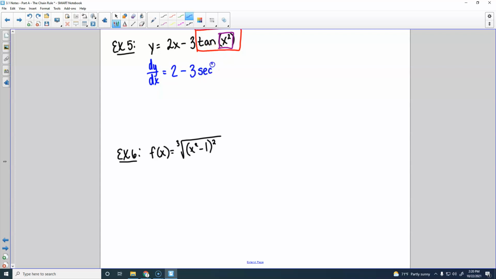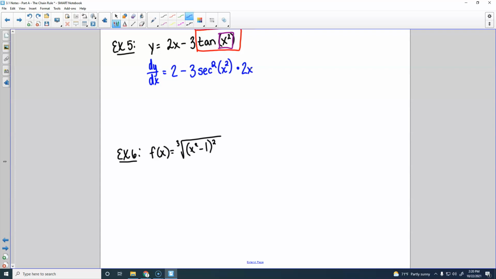Secant squared of, we'll leave the x squared here, don't change that. That's the derivative of tangent. Then I have to do the derivative of the inside piece, which is going to be 2x. You multiply by that derivative at the end.